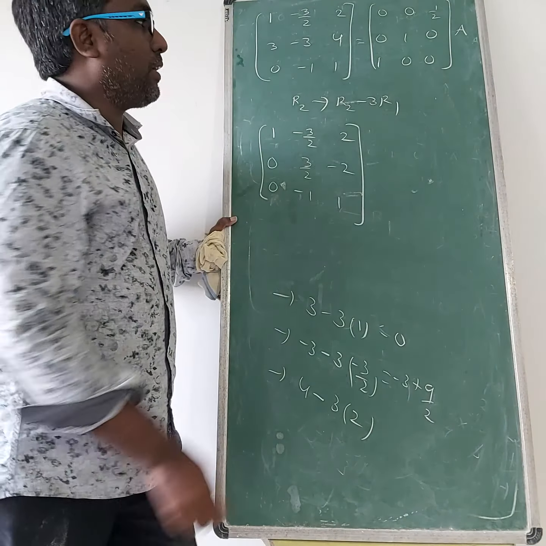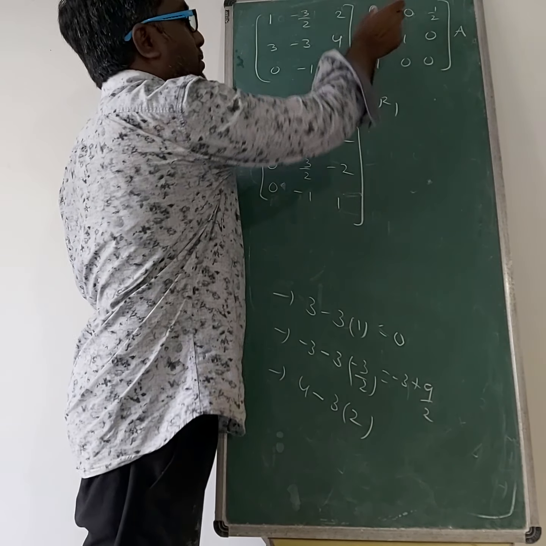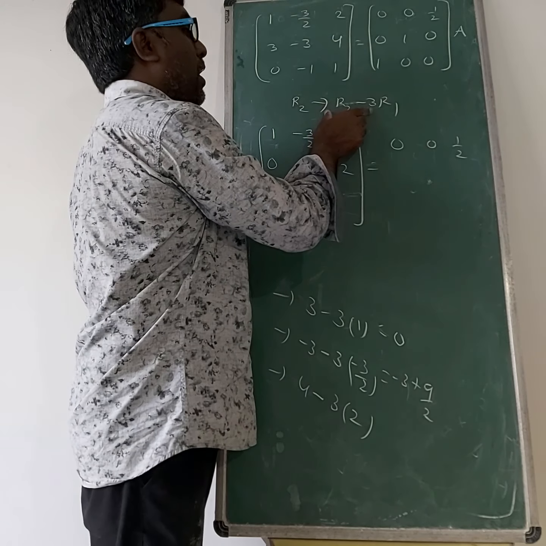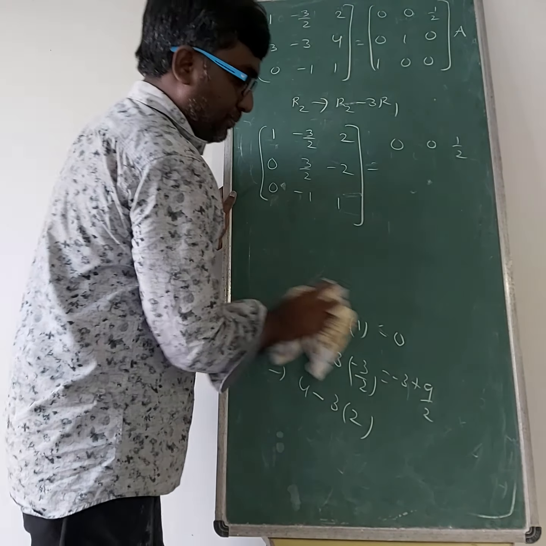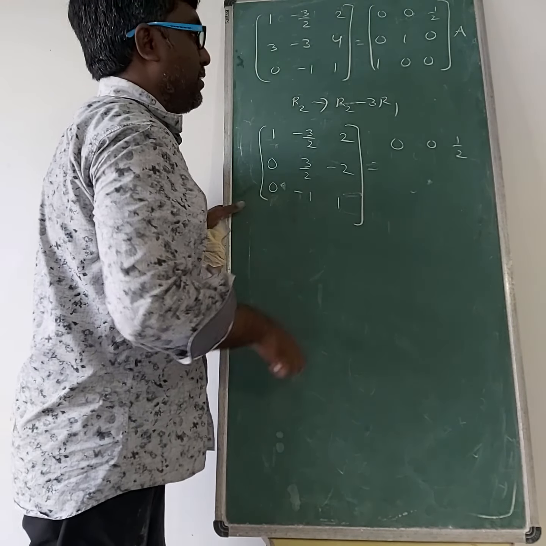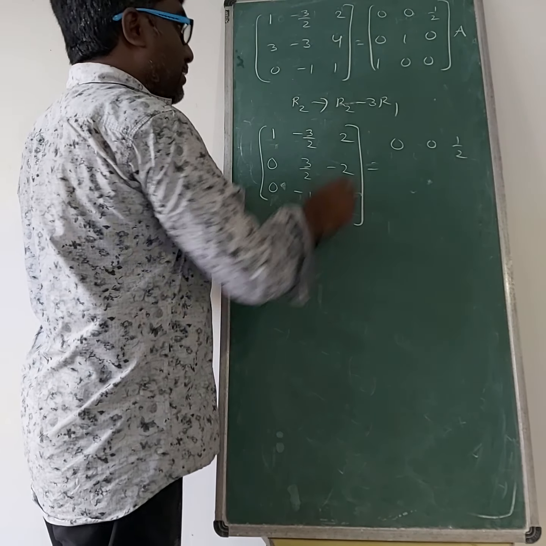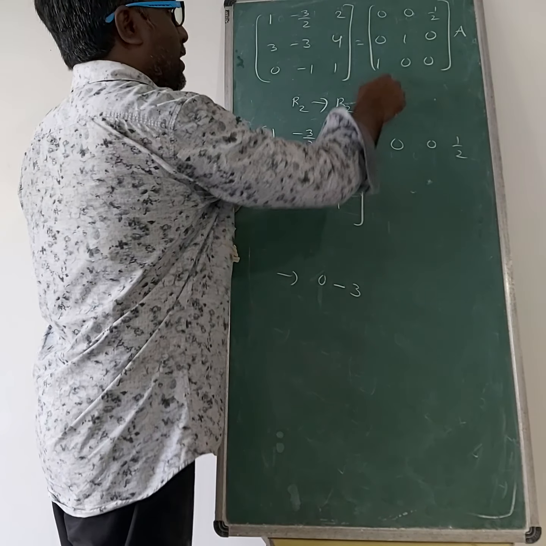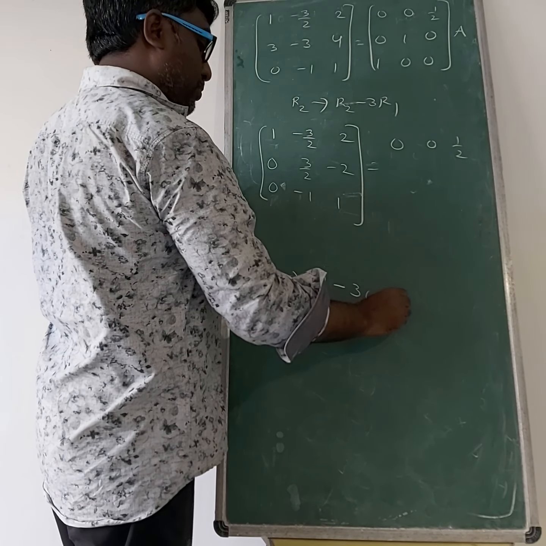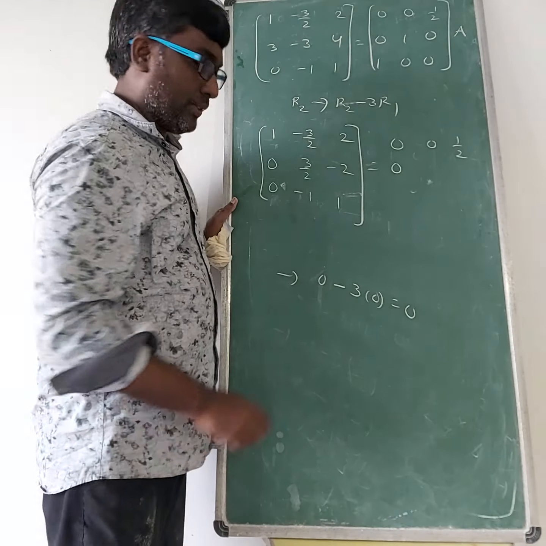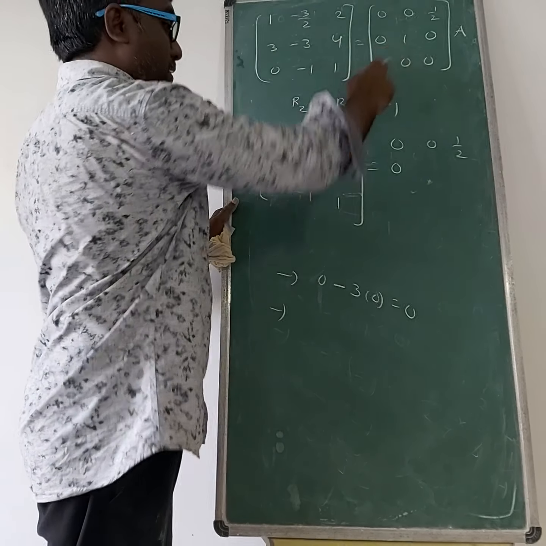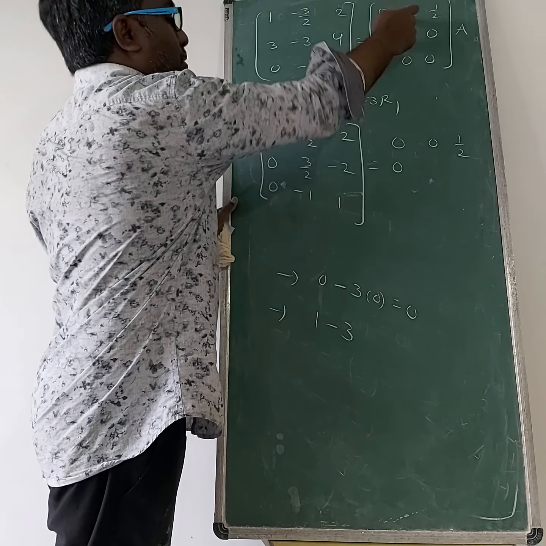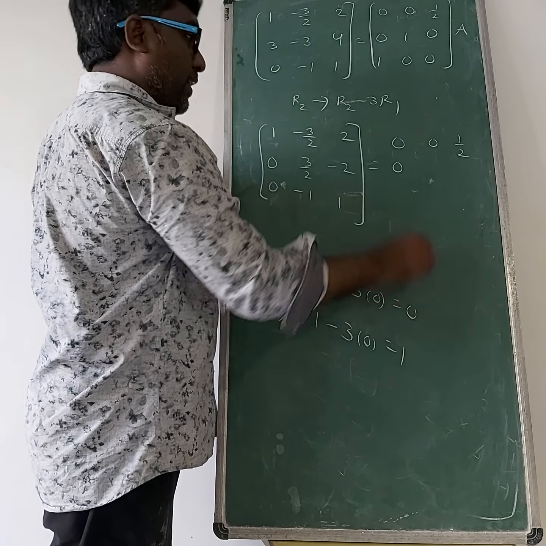The same way we apply the same operation here also. First row as it is, 1 0 0 by 2, that is 0 0 1 by 2. R2 we will change. 0 minus 3 into the corresponding R1 value 0, so this is 0. Next, second element: 1 minus 3 into the corresponding value 0, so this value is 1.